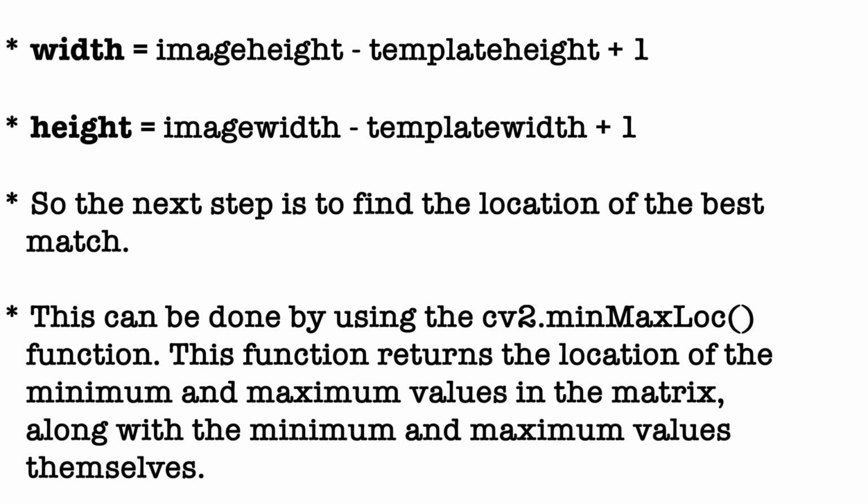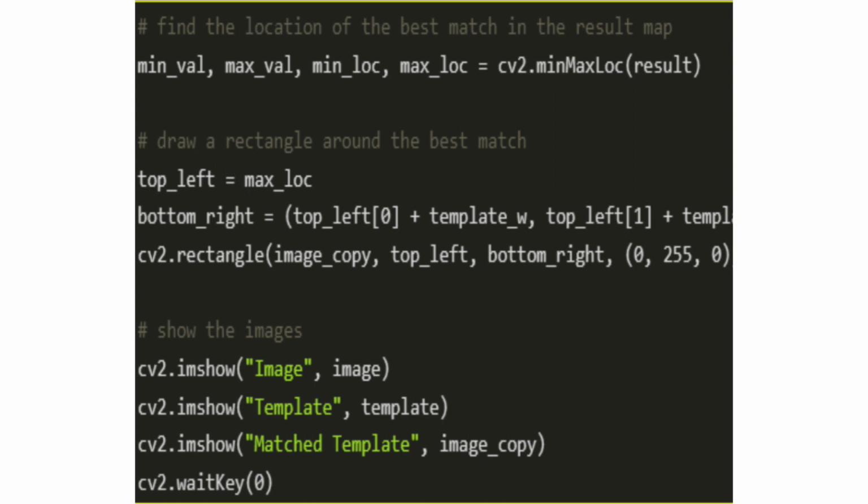This function returns the location of the minimum and maximum values in the matrix along with the minimum and maximum values themselves. It tells us where your template is matched at the highest level in the input image.